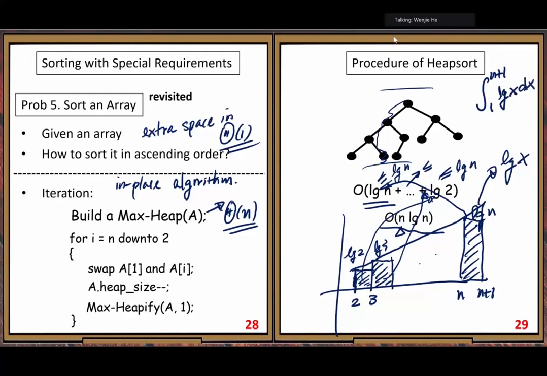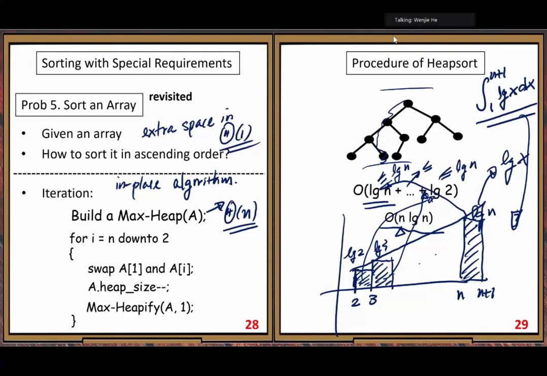Using this definite integral, we can do a much better estimate, but the result is the same. The constant will be different. The result is still big O of n log n, but we reduce that constant. For big O notation, that constant is not important.